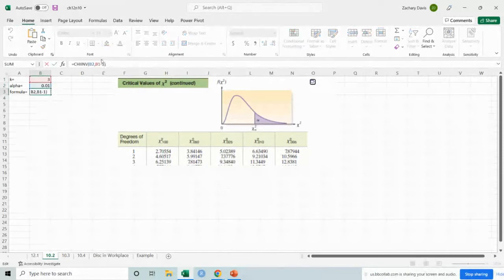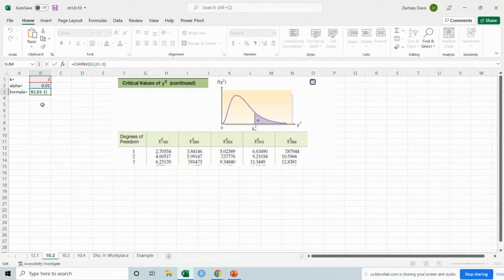You have to use k minus 1 degrees of freedom, and you look up the value of the alpha. So I've given you a function, the chi-inverse function. If you put in the number of classes you have and your particular alpha value, Excel will look up the table for you.